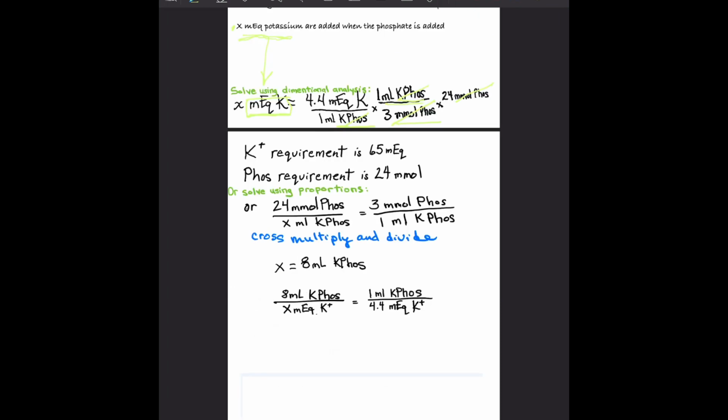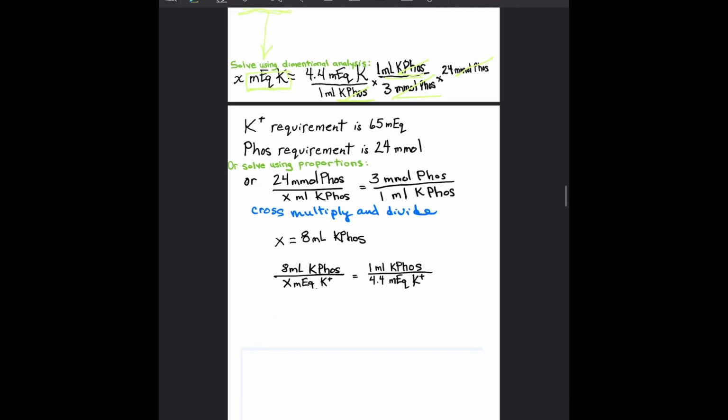Now what I did here was I solved the same problem using proportions instead. So I know that my requirement was 24 millimoles of phosphate. I want to know how many milliliters of potassium phosphate are in that.